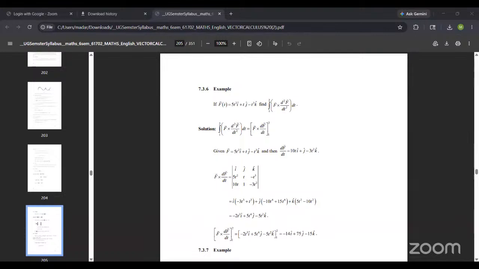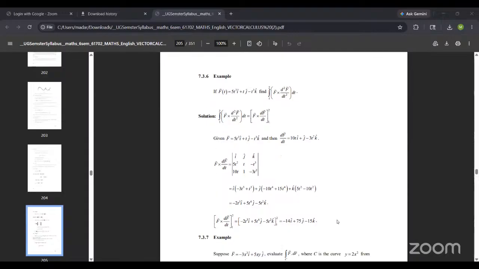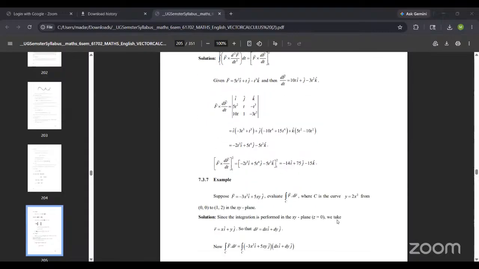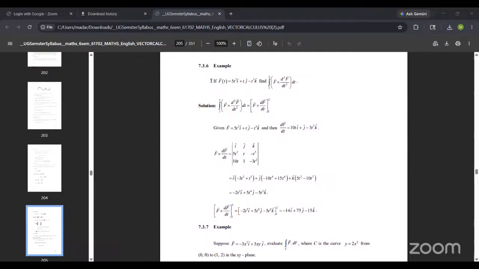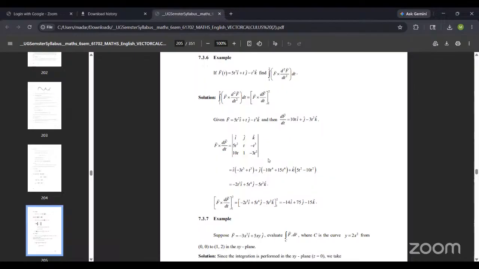Now you should apply the limits, that is 1 to 2, that is minus 14i plus 75j minus 15k. Okay, so this is that. Let's see one more problem, and this is important for the short answers in the theory examination.